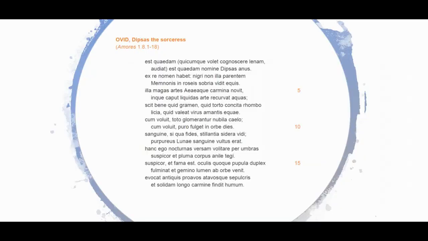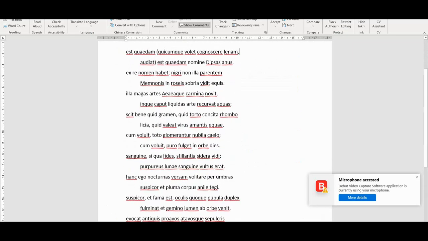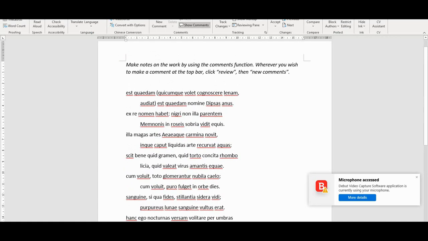We'll now go on to look at the passage, and this is where you could start noting something down. Hopefully you already have this document with you, which I've provided for you, which is a plain Latin text, and we're going to put the style points on here by highlighting this. It's just a bit easier than working on OneNote. That's what I found over the previous works that I've set for you anyway.